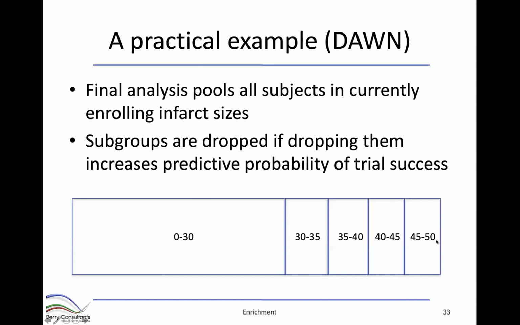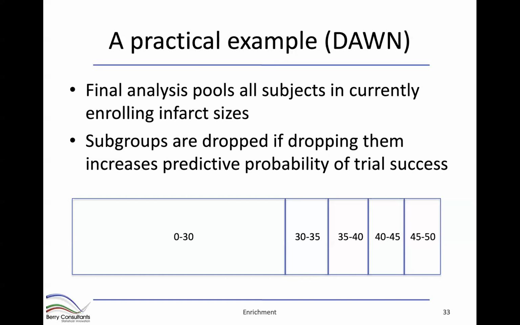So essentially, in deciding whether to go down, DAWN said, well, I could enroll 0 to 50 for the rest of this trial. If I dropped 45 to 50, and so I'm only enrolling the rest of the trial from 0 to 45, does that increase my chance of winning?